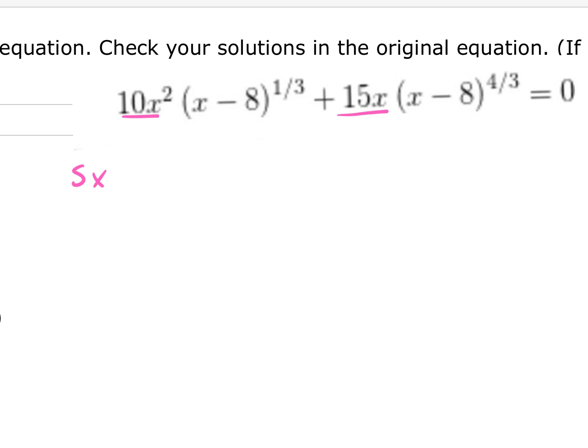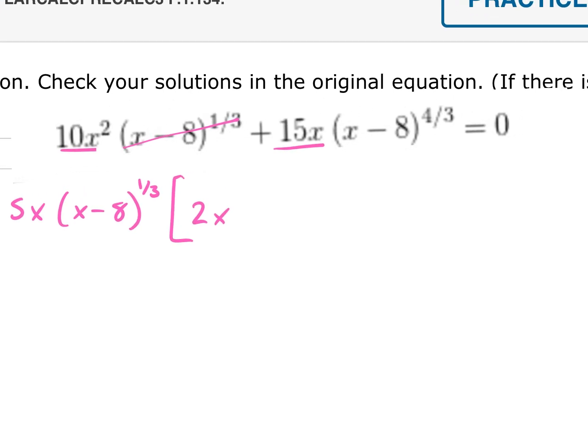So 5x, and then you said x minus 8 to the what power? What would we take out? What's our smallest 1/3? So when we take this out, we're left with 2x. When we divide out that x minus 8 to the 1/3, it cancels out with that first one. So plus 5x divided by 5x would be 3.